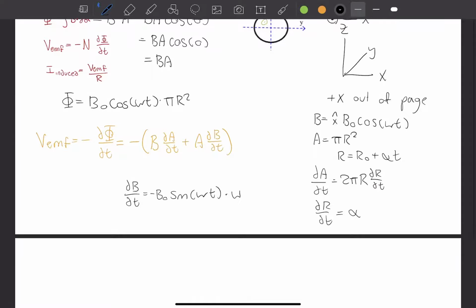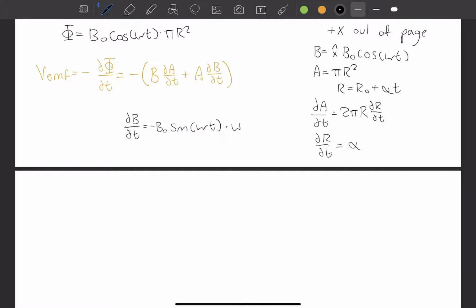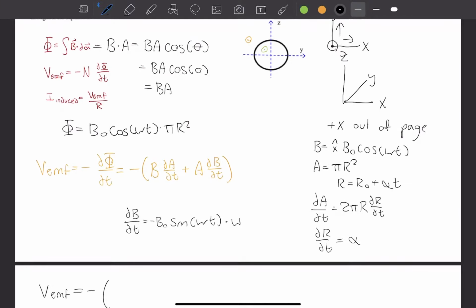Now that we have this, let's write our total induced VEMF, our total induced potential, which just equals negative. We're keeping that negative on the outside, which represents Lenz's law, but we'll deal with it later.